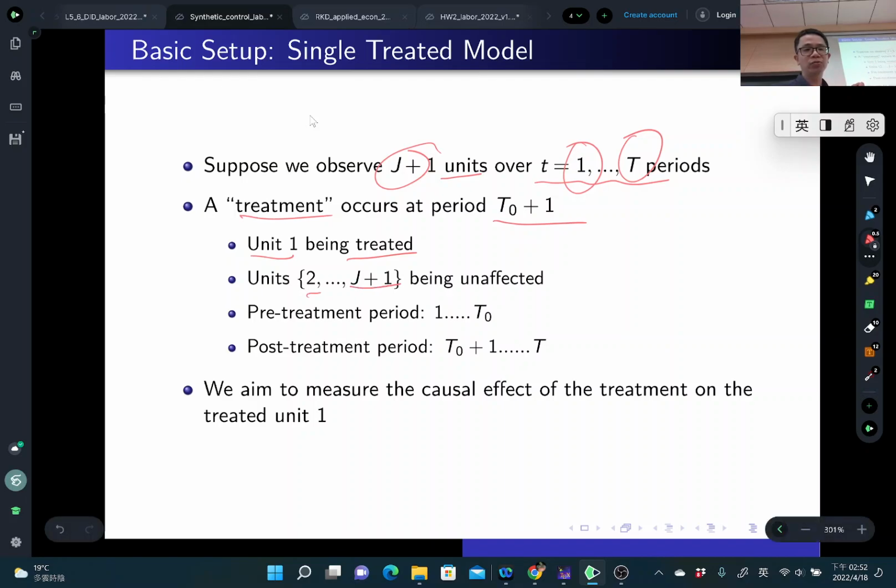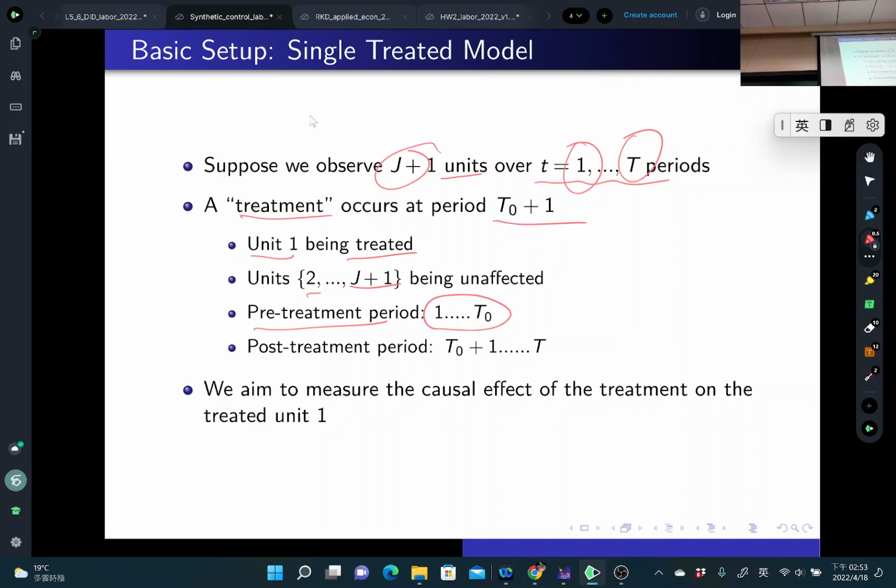And unit 2 to unit J plus 1 are control units. The pre-treatment period is year 1 to T0, and the post-treatment period is T0 plus 1 to T. Okay?